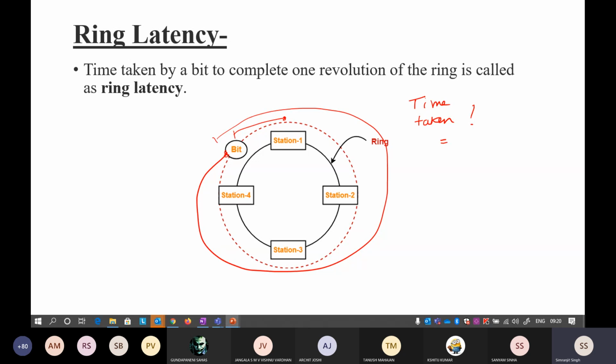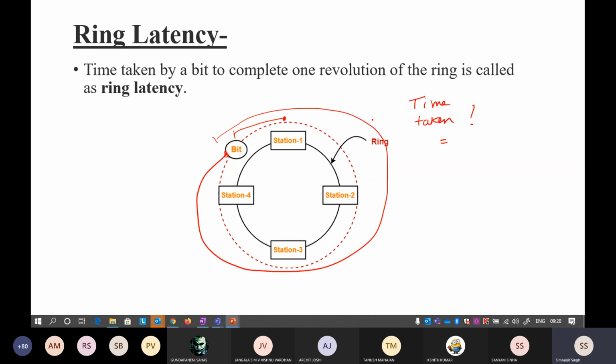This station will hold this bit for a certain time and put the bit again onto the link. Then it will be released by this station, and from this one the bit goes towards the next station, which holds this bit for some time and releases it to the other side. In a similar way, station 4 will also hold this bit for some time and release it.